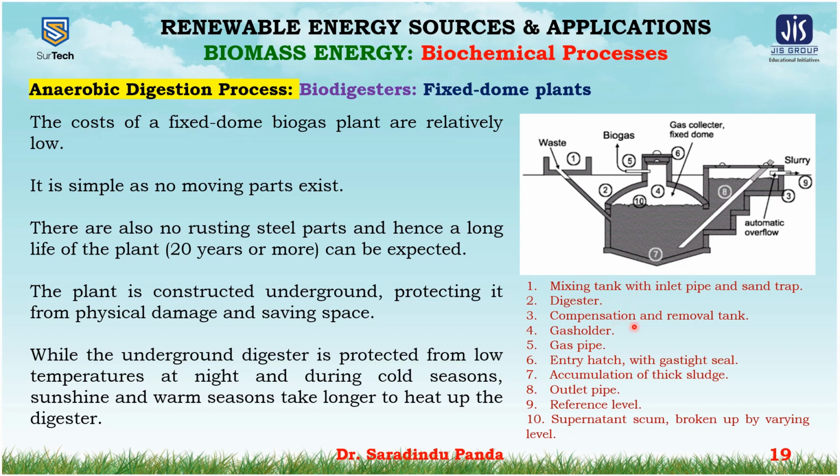Third is the compensation and removal tank, that is called the slurry outlet tank. The digested slurry is let out from the digester through the slurry outlet pipe. 4 is the gas holder.